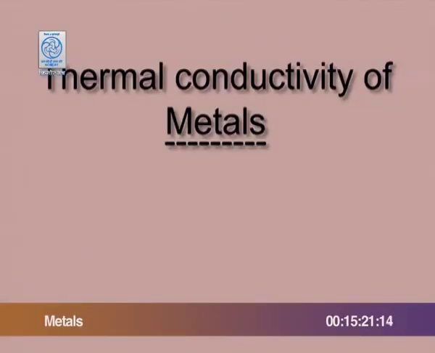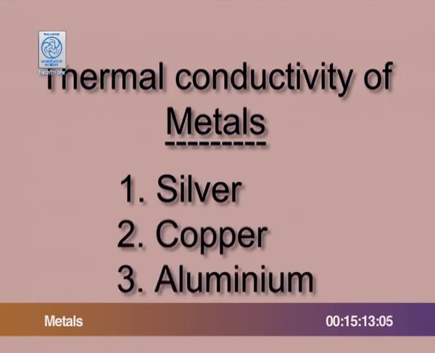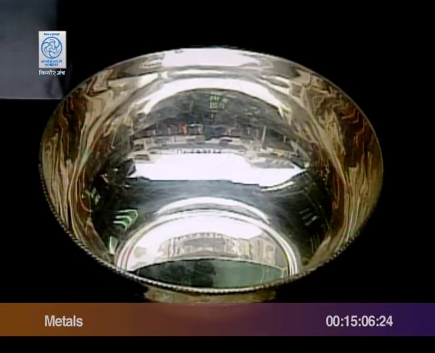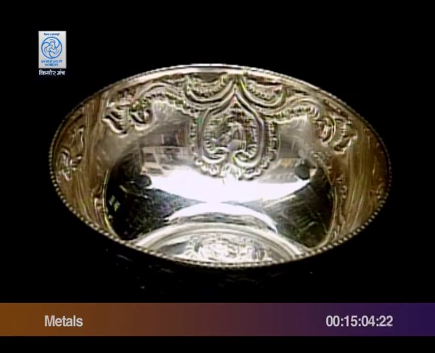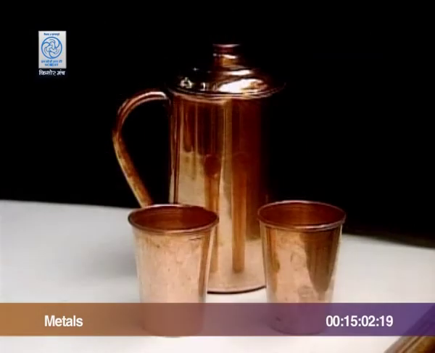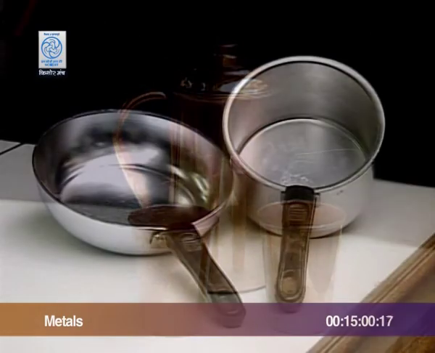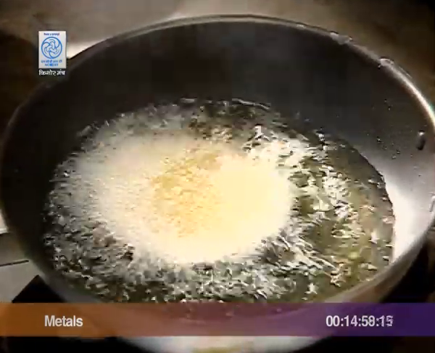Of all the metals, silver is the best conductor of heat. The next best metal is copper. Aluminium is also a good conductor of heat. Obviously, we cannot have silver vessels to cook. Therefore, we have vessels made of copper, aluminium or iron.